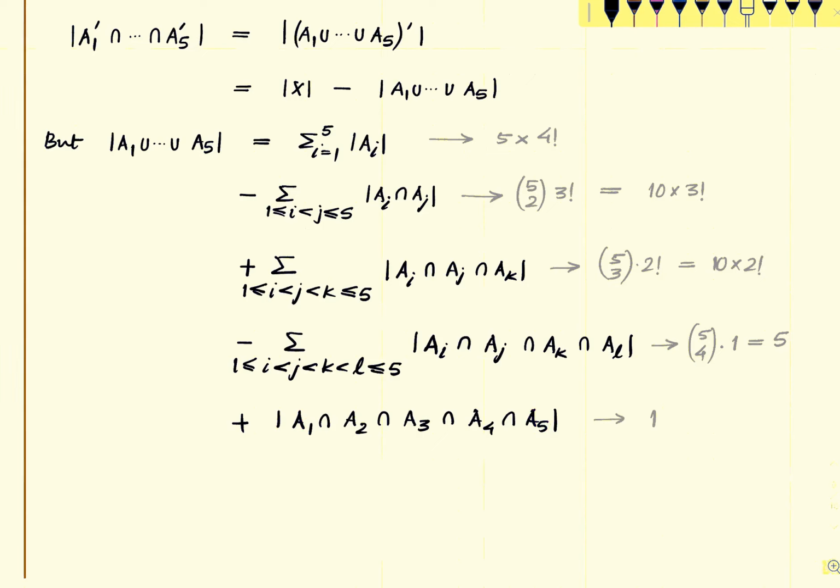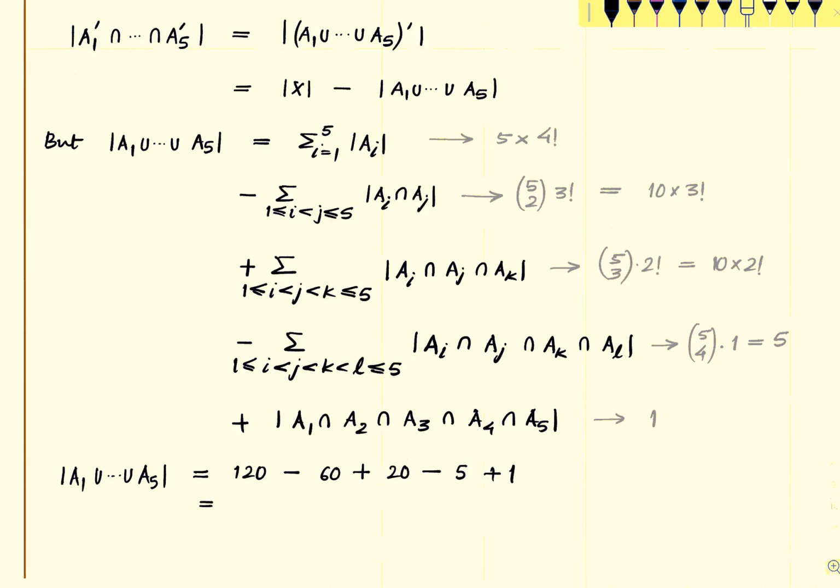So what is finally the cardinality of the union of this? This is equal to 5 times 4 factorial, which is, I don't know what is the best way to count this. So that's 120 minus 10 times 6, that is 60, plus 10 times 2 is 20, minus 5 plus 1.